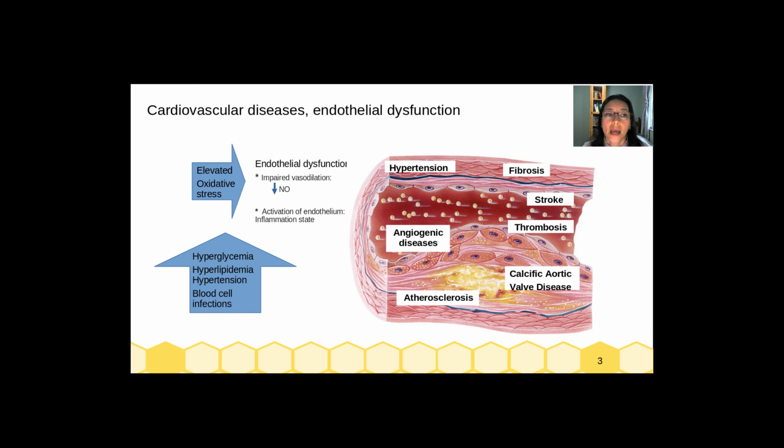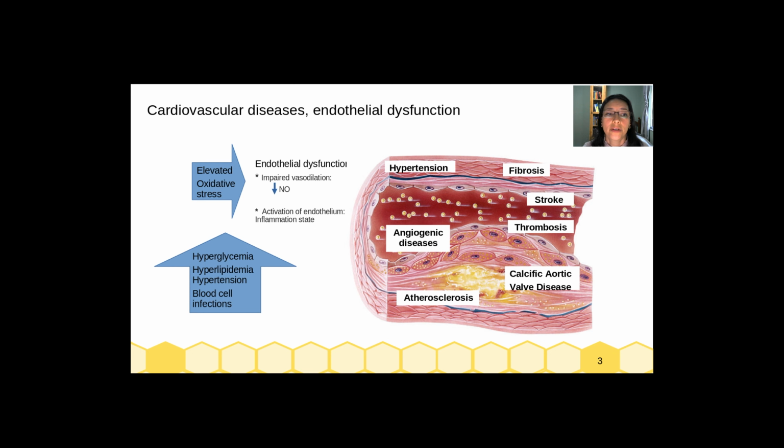Elevated oxidative stress leads to endothelial dysfunction, characterized by impaired vasodilation and deficiency of nitric oxide, and activation of endothelium, that is an inflammatory state, which are the base of several cardiovascular diseases, including hypertension, angiogenic diseases, atherosclerosis, calcific aortic valve disease, thrombosis, stroke, and fibrosis.